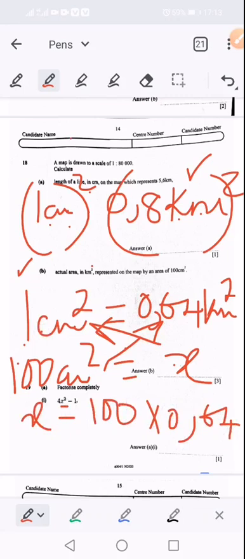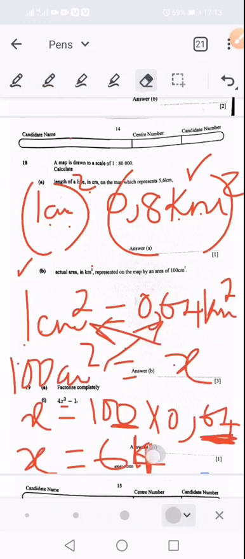Simple like this. Then x is equal to, you will see that the zeros will make it a whole number. So it becomes 64 times 1, which is what? 64. Sorry. Let me wrap this.